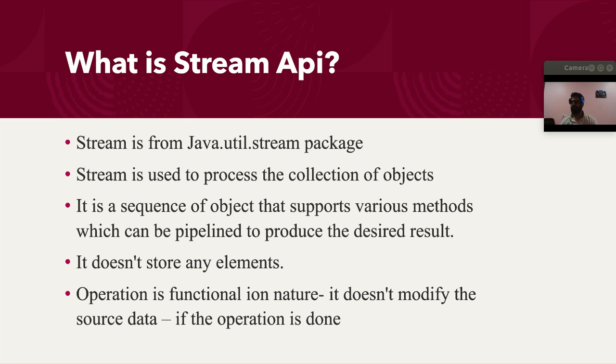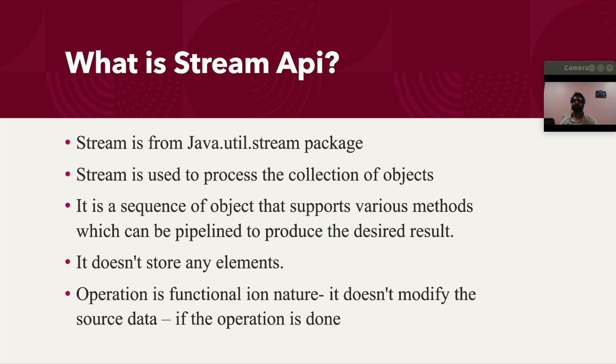Actually, in the Stream API, there is a pipeline. Pipeline means a number of functions or methods are used to produce the desired result, and the stream has certain methods with their own purpose, and we can use those methods to produce the desired result.